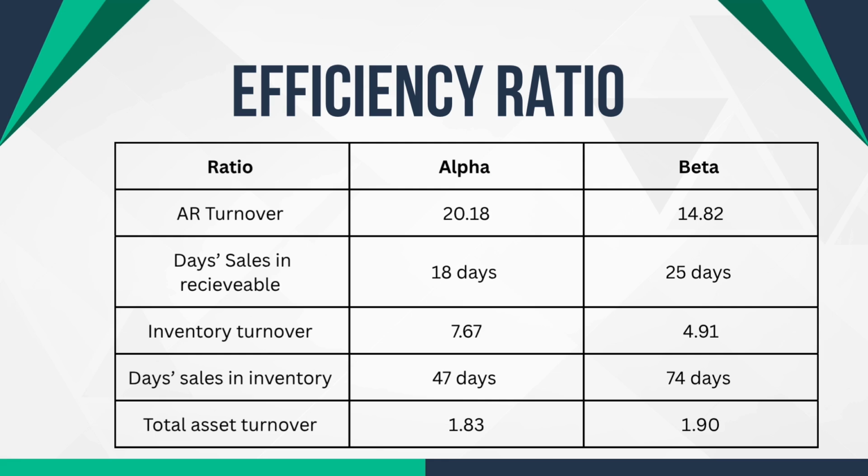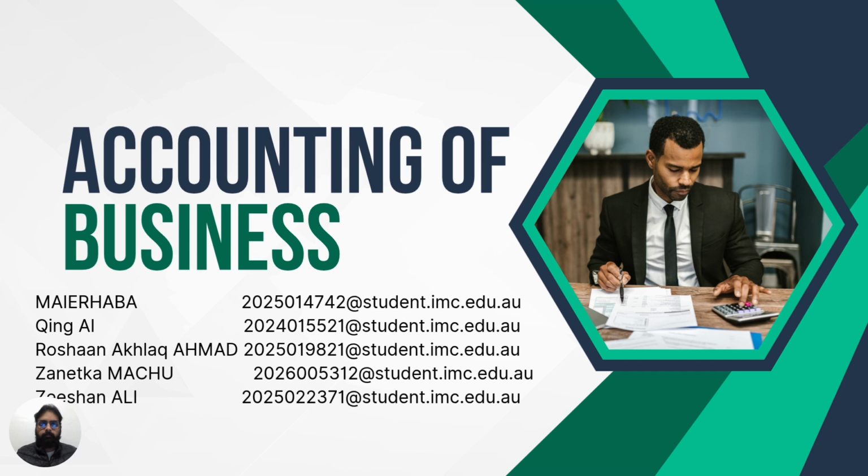Inventory turnover for Alpha company is 7.67 and for the Beta company is 4.91. And also days sales in inventory for Alpha company is 47 days and for the Beta company is 74 days. And the total asset turnover is 1.83 for the Alpha company and 1.92 for the Beta company.